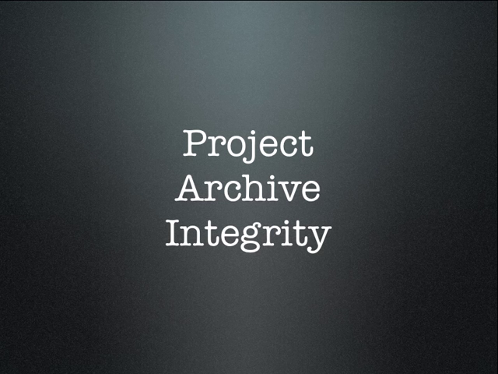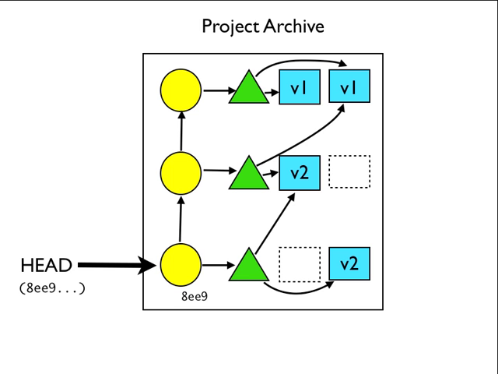Now, as it turns out, there's a hidden benefit for using SHA-1 hash values as file names in our archive. If we look at our archive, we record the SHA-1 hash value as the head, the latest commit. And that SHA-1 hash value is formed by summing up all the contents of that snapshot metadata file, that yellow circle that we're pointing at with the head pointer.